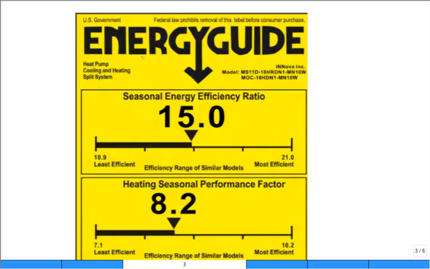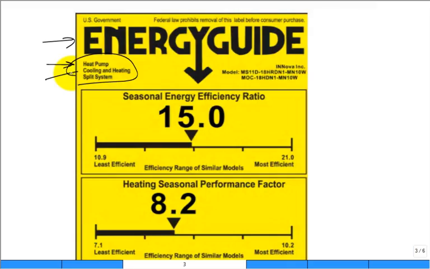Let's take a look. Here's an energy guide. It's for a heat pump. It's actually cooling and heating. So when you're wanting to replace that air conditioning system, the salesperson may come to your house and say, look, we'll put in a heat pump system. We'll get rid of the inside furnace as well as the condensing unit on the outside. And now this system will be really efficient.